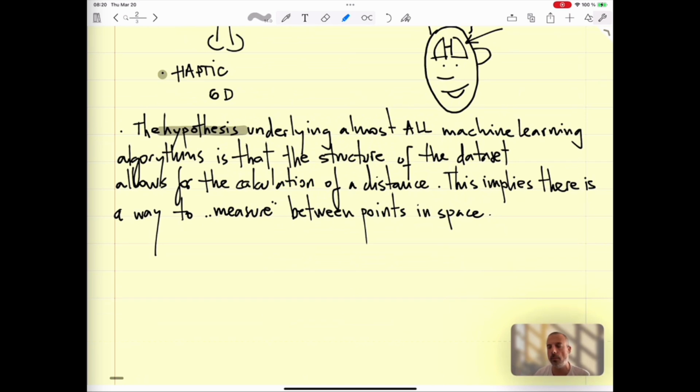And now let me give you some examples for non-Euclidean datasets. These are more tricky.